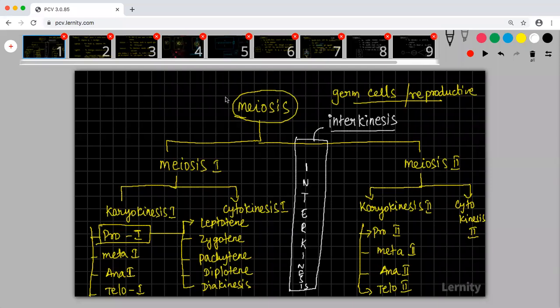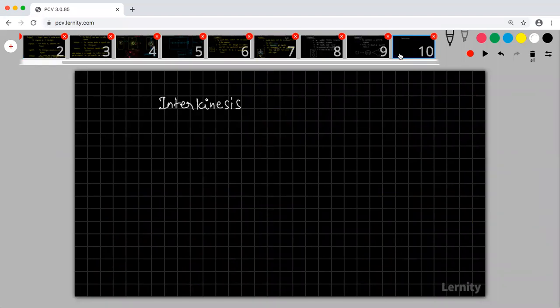Okay, so now let us try to write interkinesis.